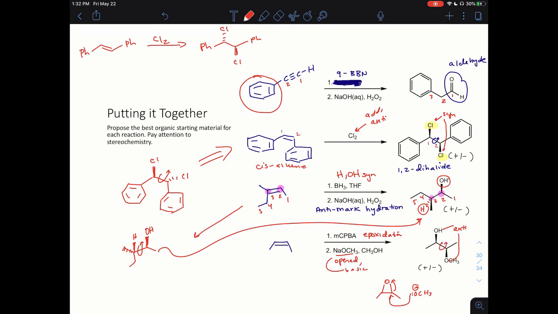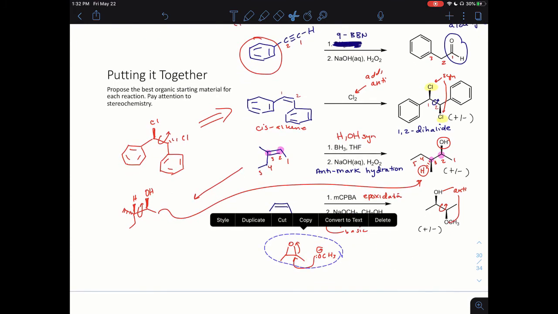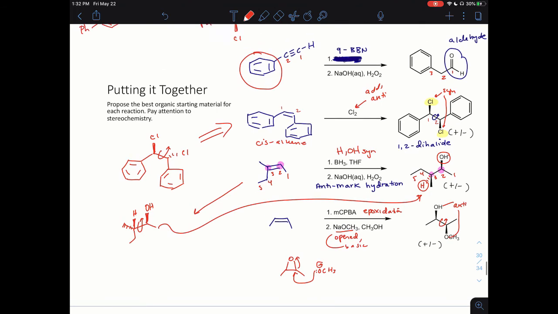So if you rotate around that bond to make the methyls cis to one another, then these two groups would be anti. And we know, okay, well, when the nucleophile first adds, they should be anti, but this is a single bond, so free rotation is allowed, and then you can draw your carbon chain in that full zigzag, which is what's going on here.